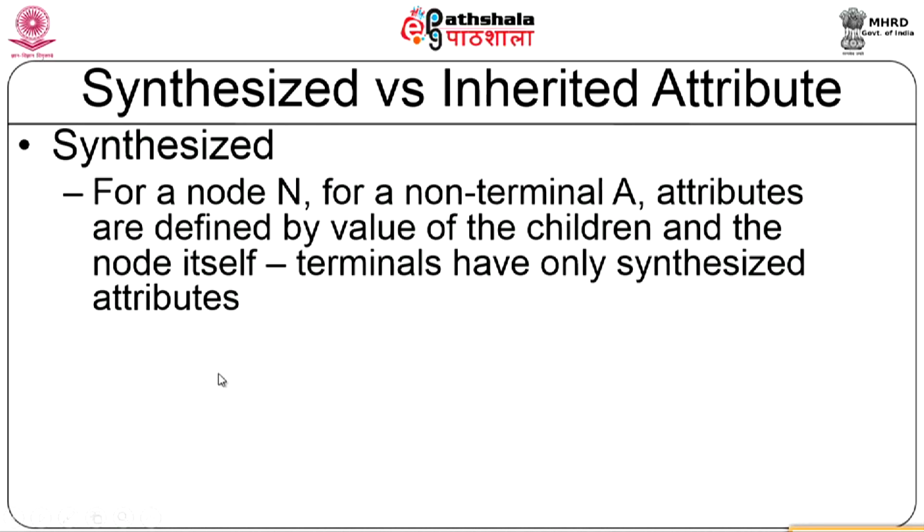So, for a synthesized attribute, for a particular node n, if that is a non-terminal A, the attributes are defined by the values of the children and the node itself. So, if the attribute of a particular node is defined in terms of either the node itself or its children, I will call the attributes synthesized attributes.